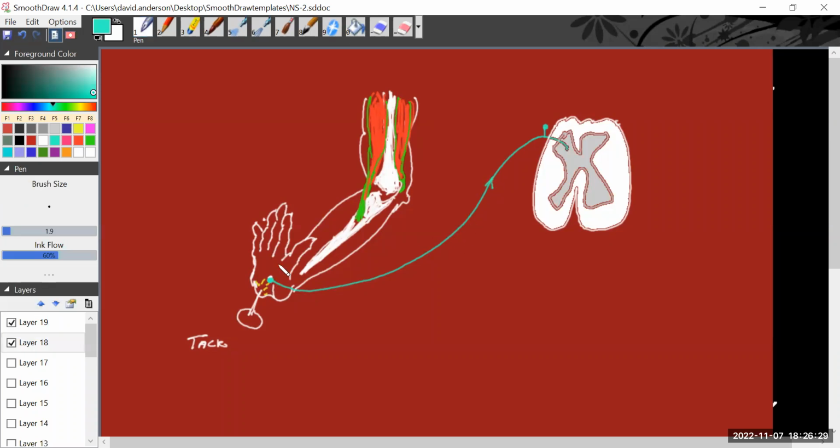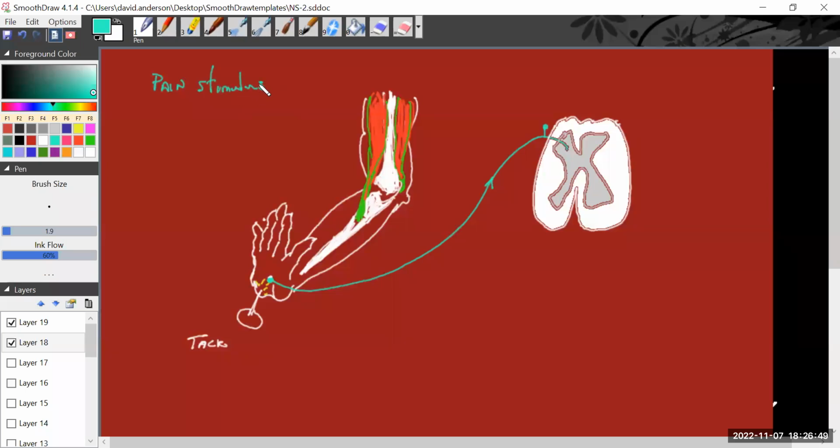we have our receptor. What kind of receptor would this be? Sensory. What kind of sense? Pain. That's right. This is a pain stimulus.